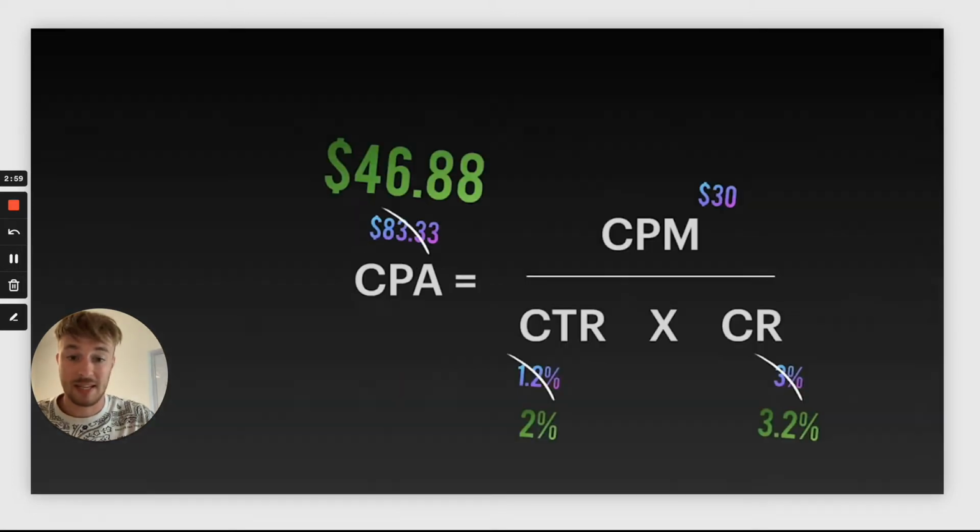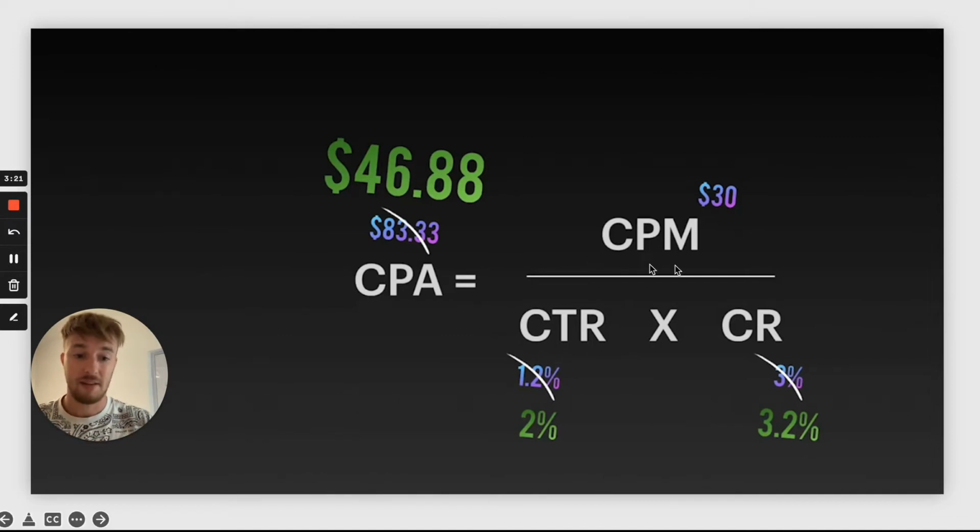Let me give you this example here. You can see we halved it by almost 50% cost per acquisition by simply increasing our click-through rate to 2% from 1.2%.